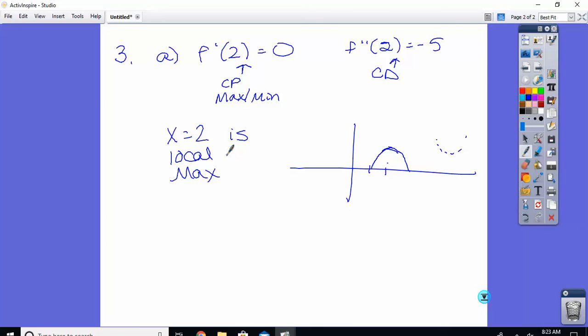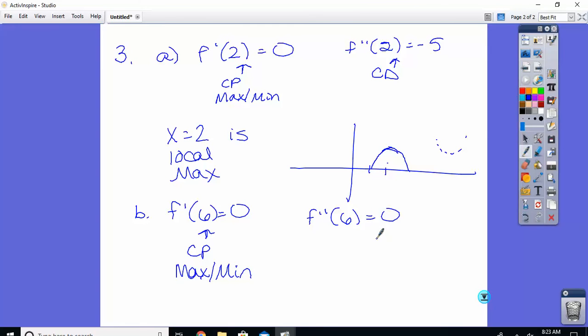Okay. Part B. It tells you the first derivative at 6 is 0. So if the first derivative is 0, that's a critical point, which means it's either a max or a min. And the second derivative is 0. If the second derivative is 0, what does that mean? Inflection point.